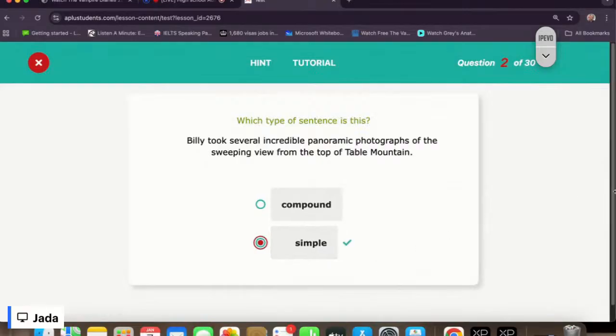So we have simple. So: The weather forecast had predicted several severe thunderstorms, but the dark, heavy thunderstorm never materialized. So first to second.